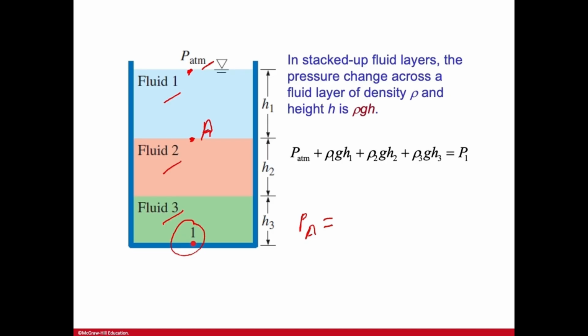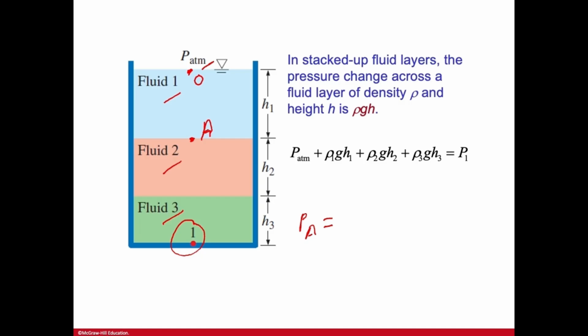Let's say this point is O. Pressure at A is deeper. If you're going deeper into the ocean, you're going to experience higher pressure, because of all the weight of the liquid pushing on top of you.